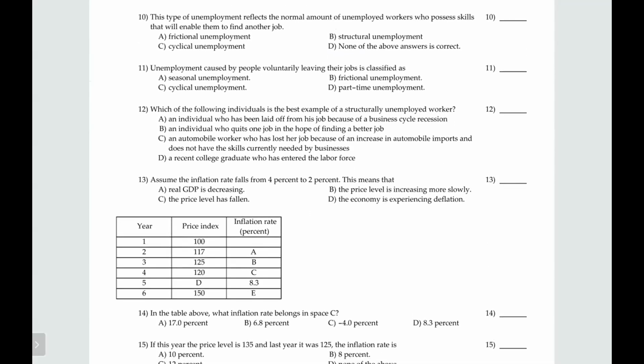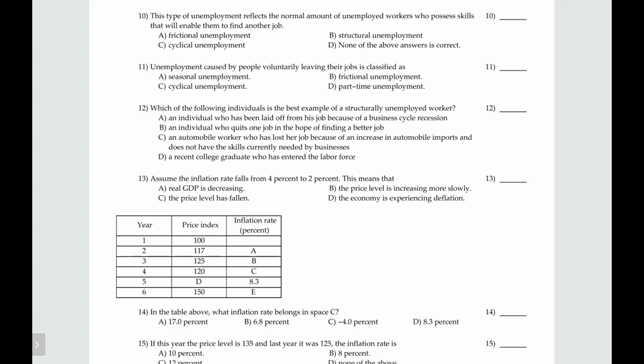Right. So question number 10. This type of unemployment reflects the normal amount of unemployed workers who possess skills that will enable them to find another job. Okay, so this is about 3 types of unemployment.